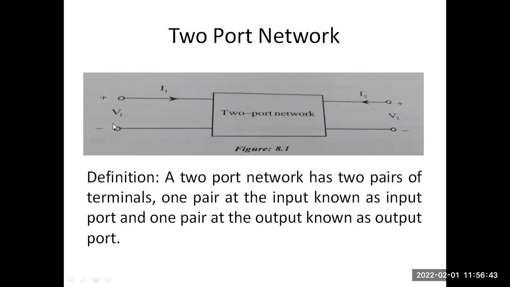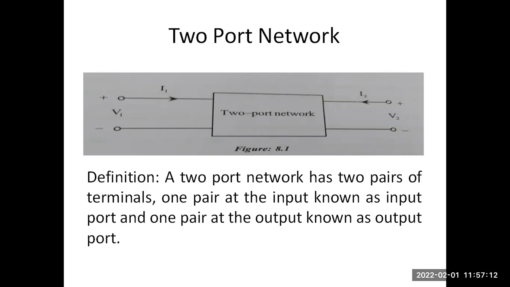The input voltage is V1 and the input current is I1, whereas the output voltage is V2 and the output current is I2. This is port 1 and this is port 2, and in between is a black box where all the network elements are dumped.